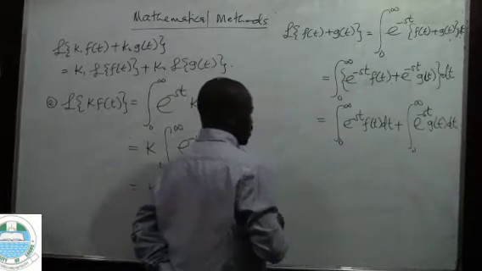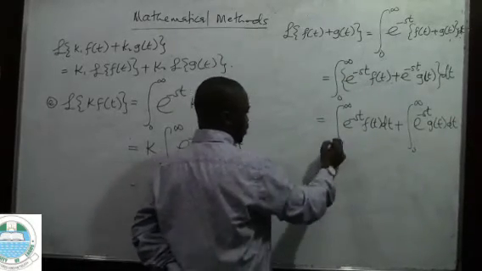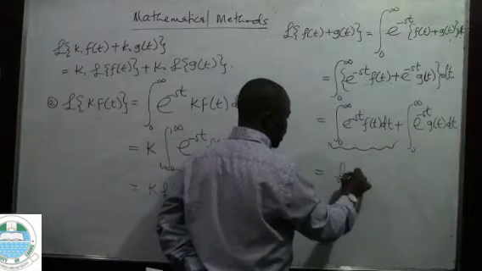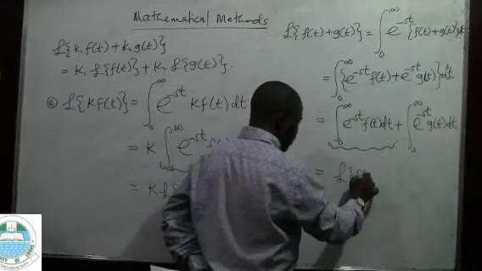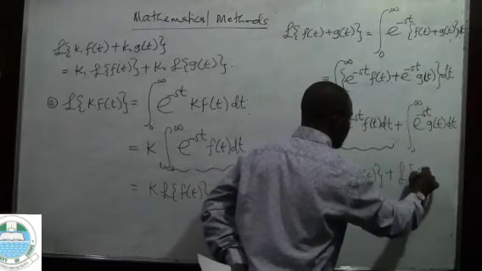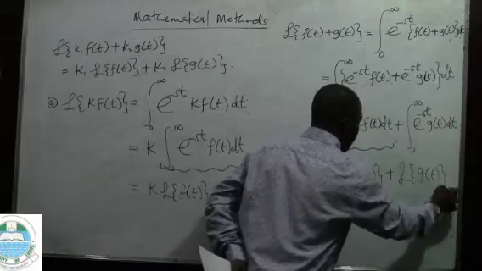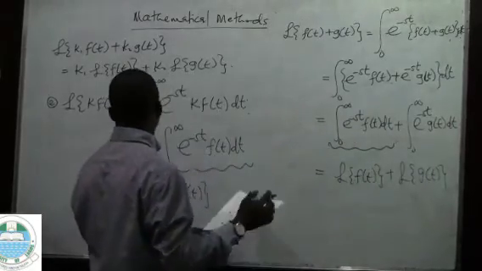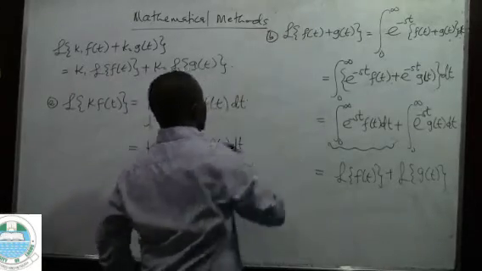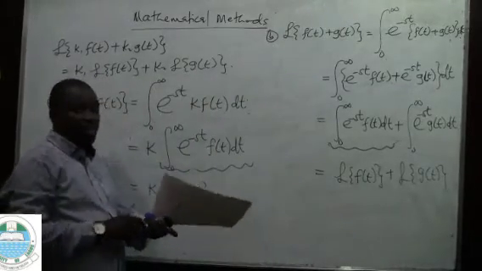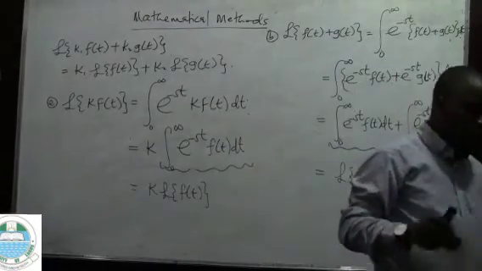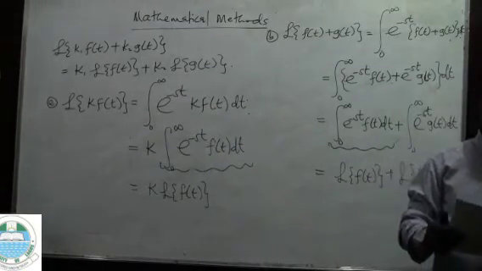And by the first principle definition of Laplace, the whole of this becomes Laplace of f of t plus Laplace of g of t. And with these proofs for a and b, we have established that Laplace is indeed a linear operator.